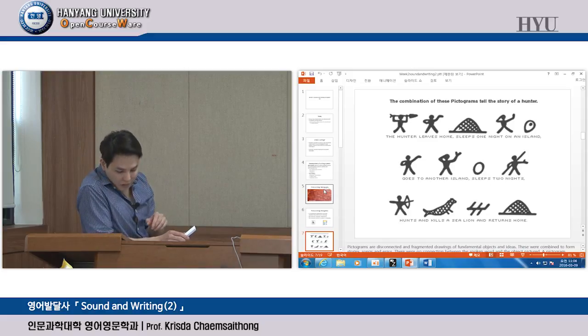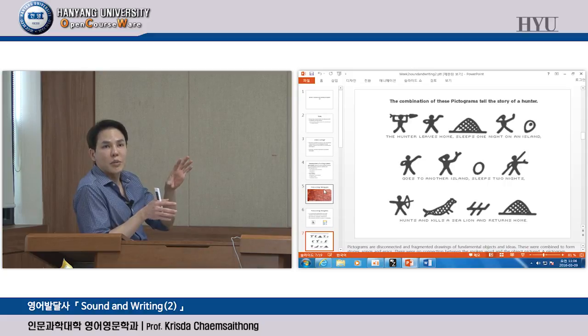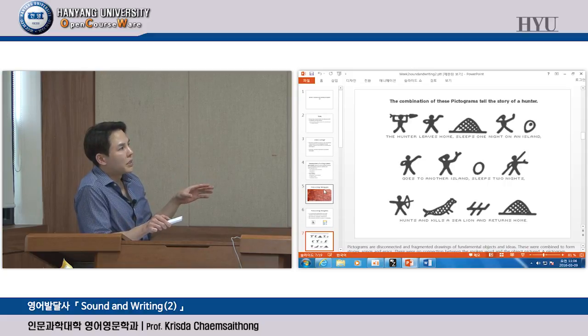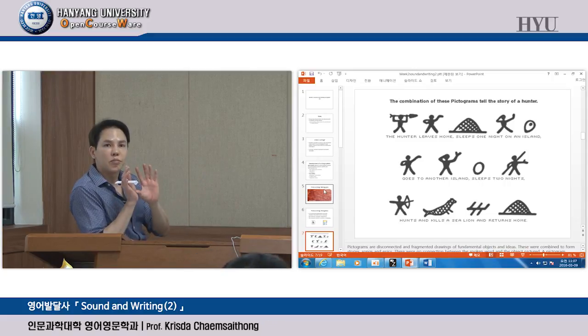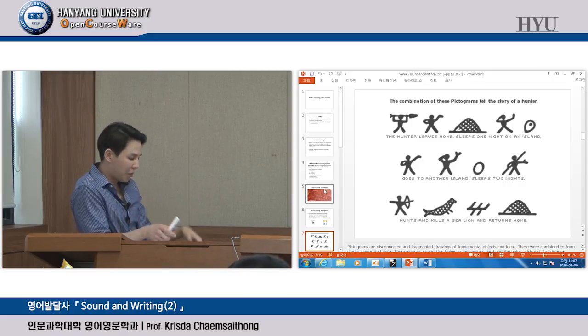But again, just like the petroglyphs, it is devoid of real linguistic relationships between things. How do you represent the word on, for example? How do you represent the word to? How do you represent the word and, right? And is addition, for example. To shows the destination. How do you represent that kind of relationship, right?